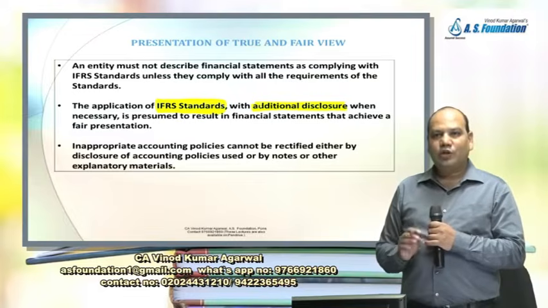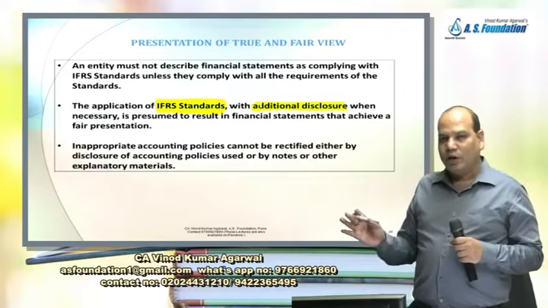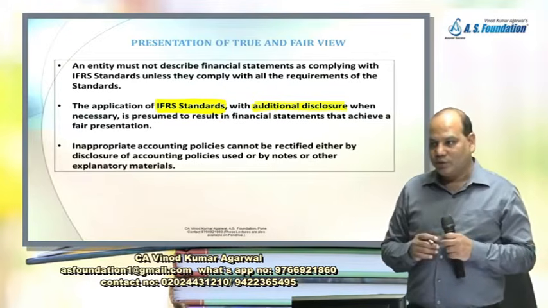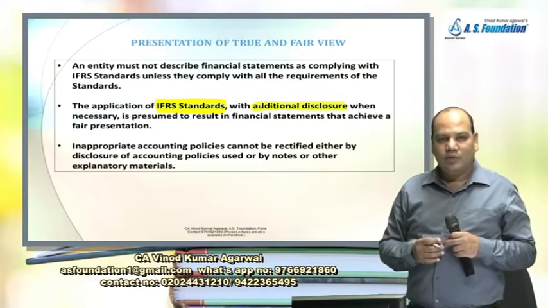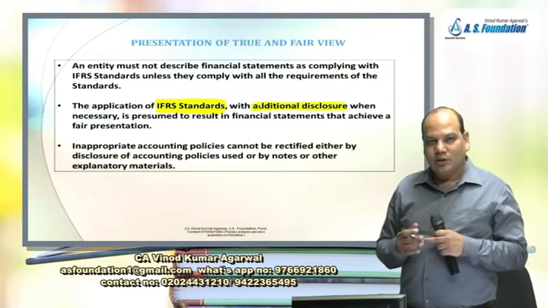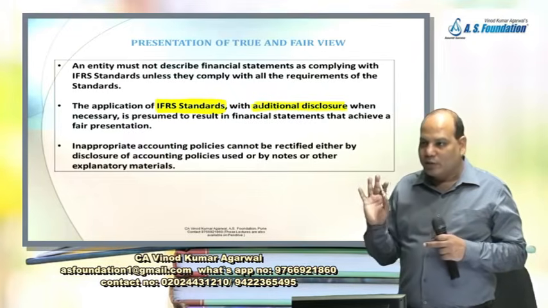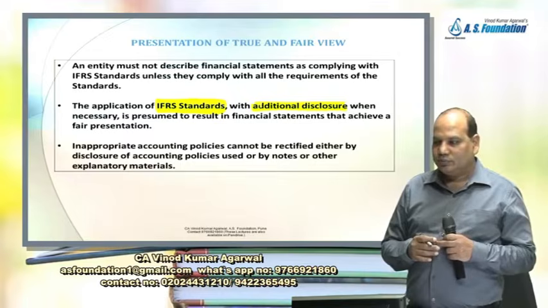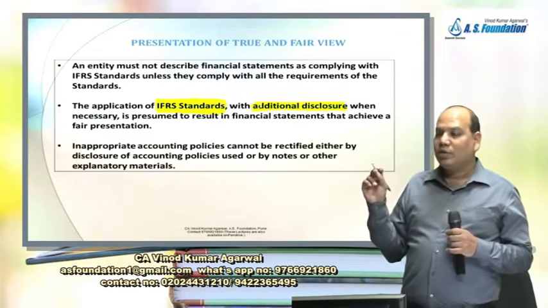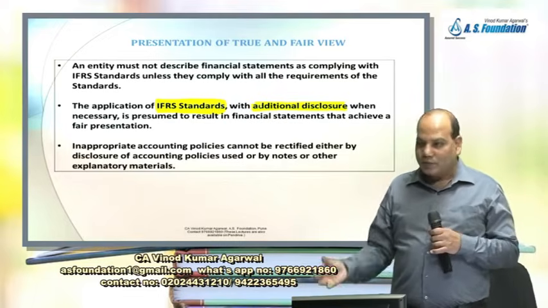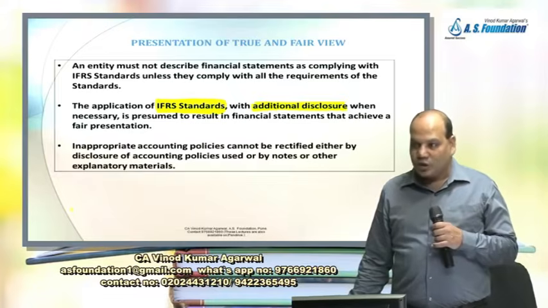Suppose the LIFO method of inventory valuation is not allowed and you have valued your inventory using the LIFO method, and you've written in the notes also, honestly, that inventories have been valued using the LIFO method. Still your financial statements are not compliant with IFRS. So you will not write at the end of your notes that all the financial statements are IFRS compliant, even though you have disclosed that you have followed a wrong accounting policy.